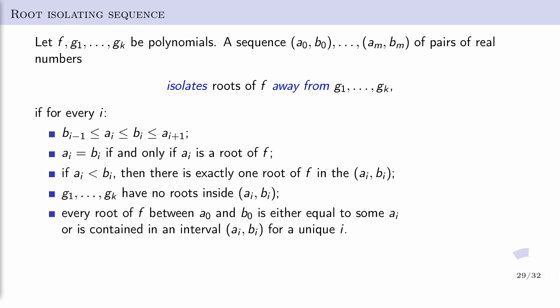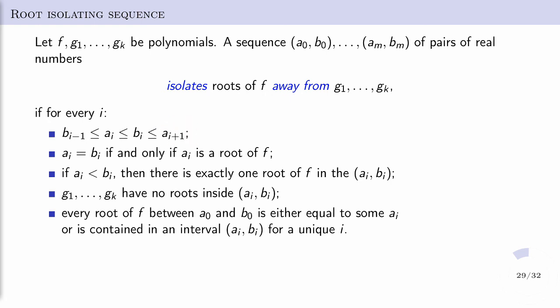We say that a sequence of pairs of real numbers isolates roots of f away from polynomials g1 to gk if, first of all, this sequence is slowly increasing, so every ai is less than or equal to bi, and every bi is less than or equal to the consecutive ai plus 1.